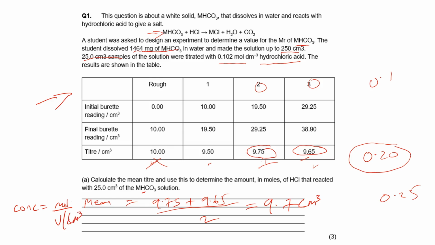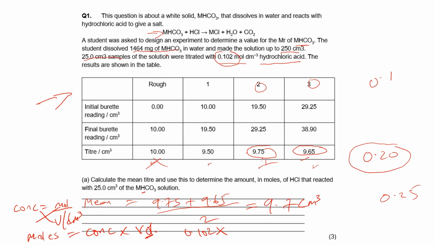So therefore, if you cross multiply, your moles will be equal to the concentration multiplied by the volume. Okay, so now what is the concentration of HCl? The concentration of HCl is 0.102 mole per dm cube, so that will be 0.102 multiplied by volume. Now what's the volume? The mean titer value, which is 9.7 cm cube, right?